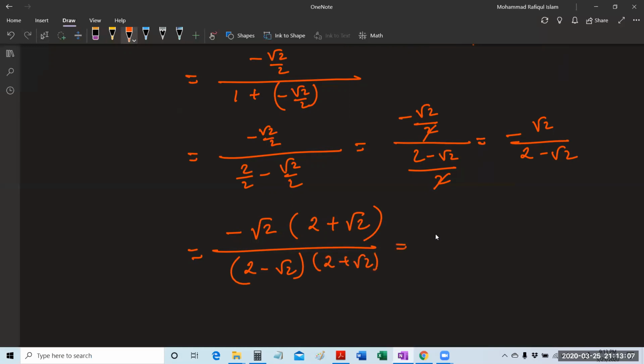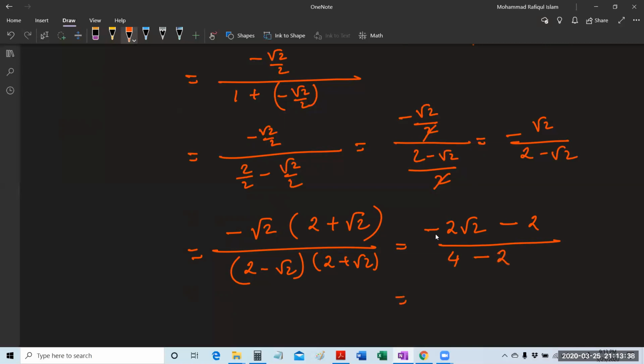Now if we multiply negative root 2 with 2 plus root 2, we get negative 2 root 2 minus root 2 times root 2, which gives us 2. And in the denominator, if we use the FOIL rule, we get 2 times 2, 4, minus root 2 times root 2, 2.